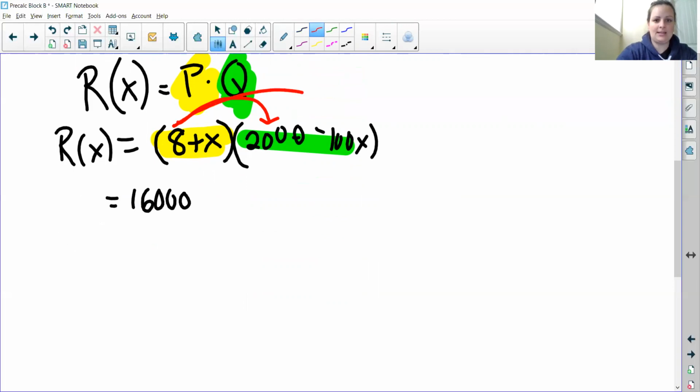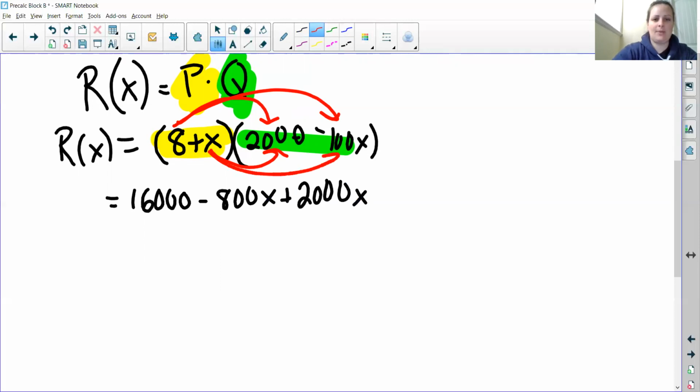We're going to multiply 8 with negative 100x, which is negative 800x. We're going to take x and multiply it by 2,000, which is positive 2,000x. And we're going to take x and multiply it by negative 100x, which is negative 100x squared.